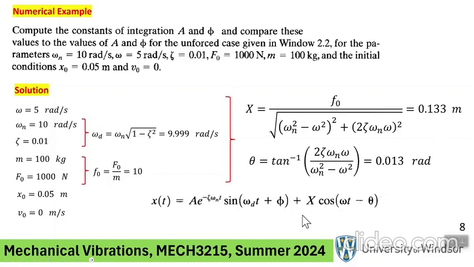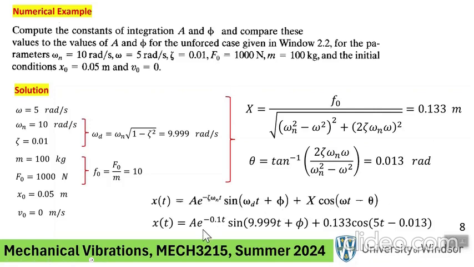Now, the solution was this. The solution to a damped harmonic response subject to initial conditions looks like that, okay? So what do we know? We found X, we found theta, we have to find A and phi, right? Okay, we just plug it in, and A and phi can be directly calculated from this information that's given.